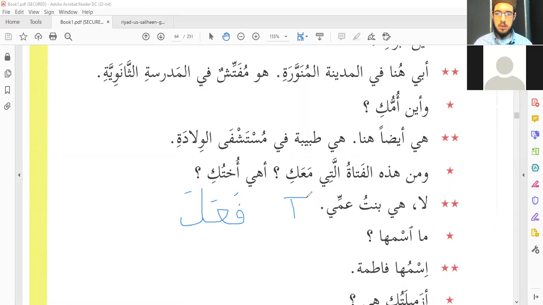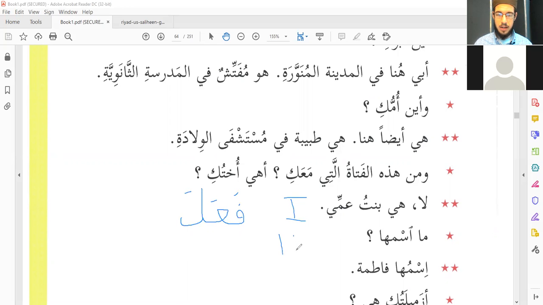This is form 1. What makes it form 1 is that it has no additional letters. This is the root stem reduced to its bare minimum, okay? And every other verb form has to do with adding something onto the root stem.